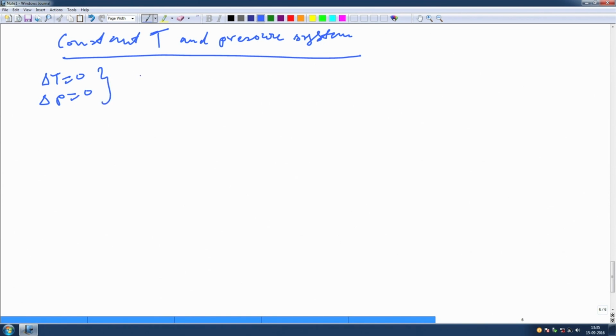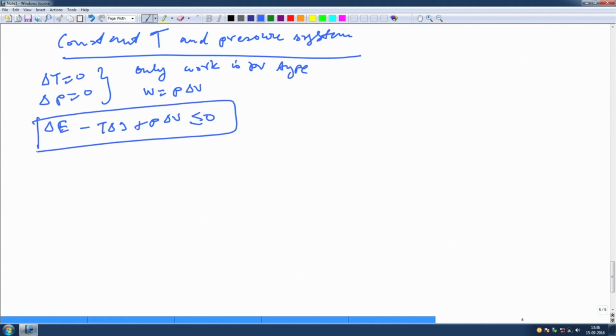So, the only work done is of PV type, once again. So, the work done is basically P into delta V. Remember here the volume is not constant. So, it is a constant temperature and constant pressure system, right. So, just by using these two expressions we can see T delta S plus P delta V is less than equal to 0. So, that is the first and the second law combined, correct.